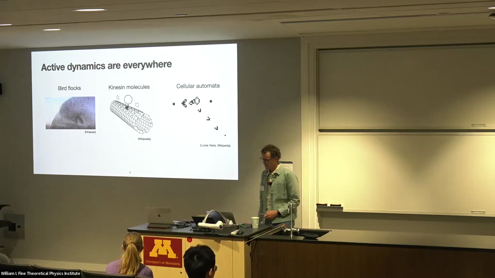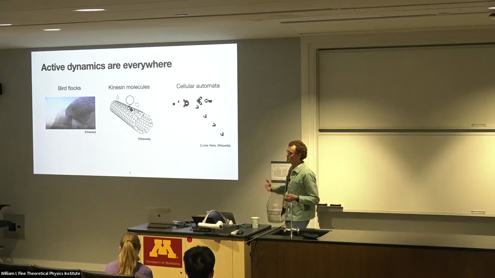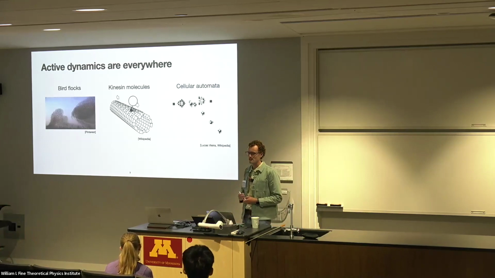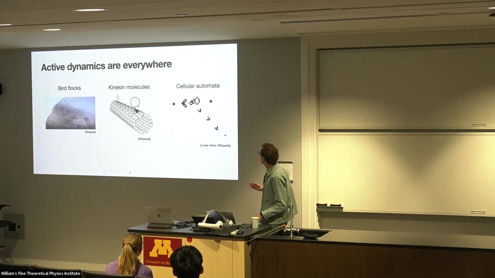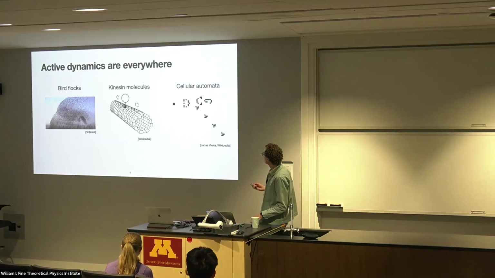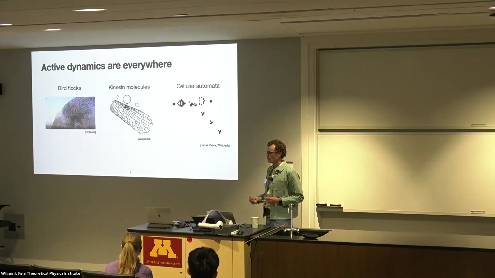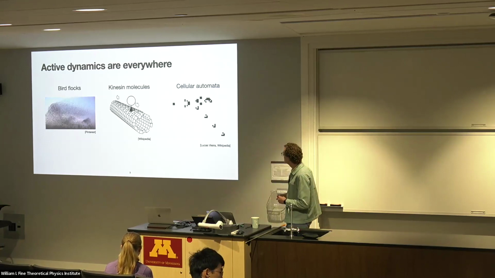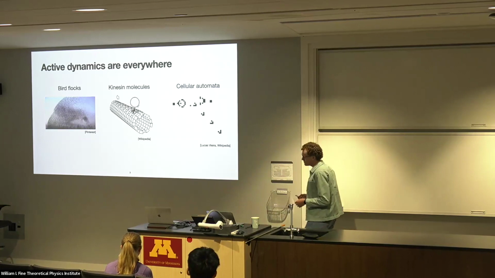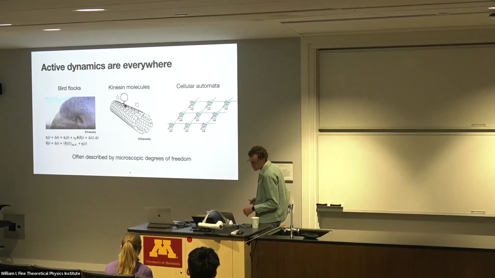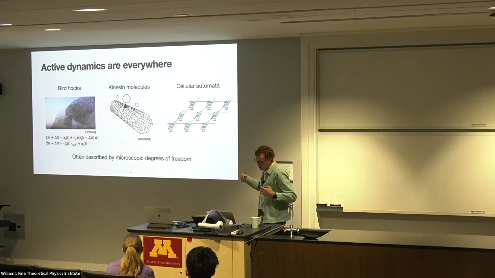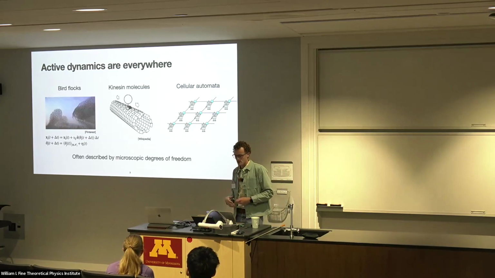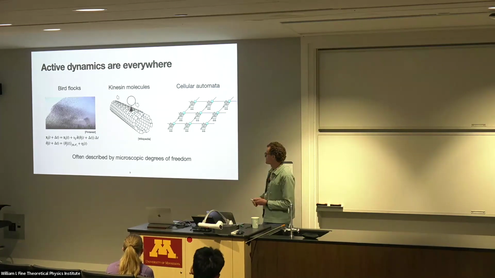And then a more lattice perspective is cellular automata, which are systems of bits that interact with each other locally, but can have really impressive emergent phenomena. The way these are usually described is in terms of the dynamics of the microscopic degrees of freedom.